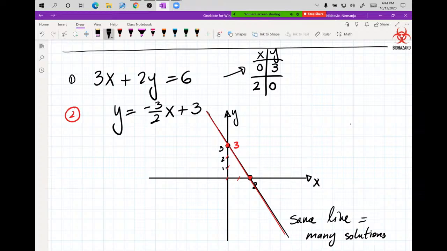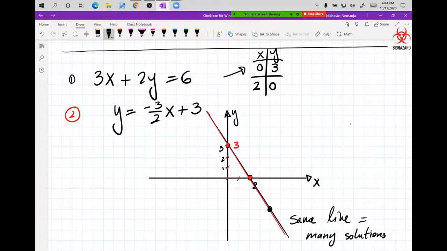And you can test that with 2, 0, for instance. It will work in both equations, or 0, 3. Those are the easy ones. But then you can also pick, I don't know, this point here. That point looks nicely lined up as 4, -3. So if you put 4, -3 in both of these, it will work.